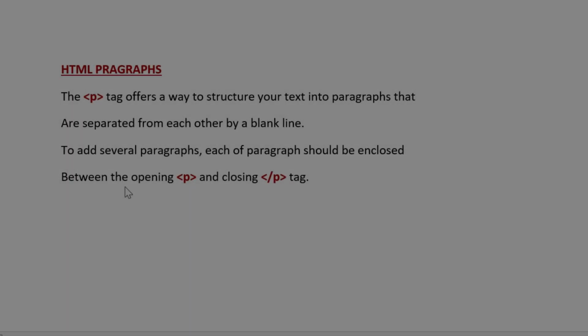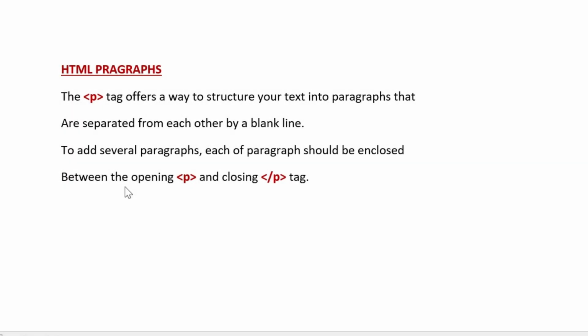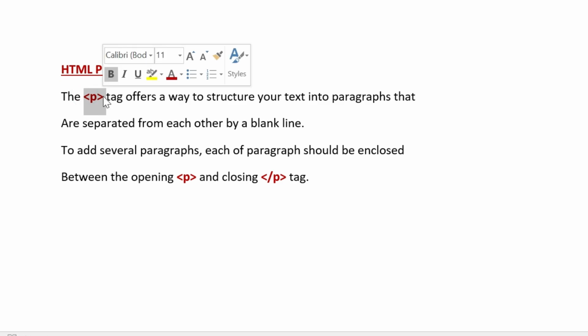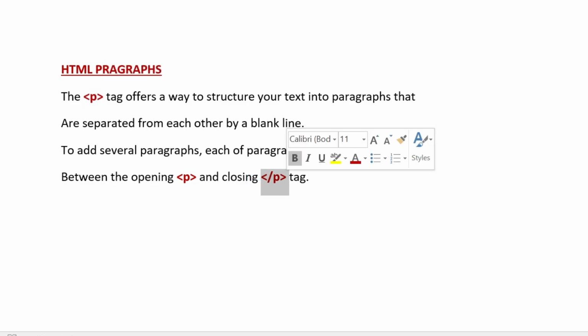The paragraph tag offers a way to structure your text into paragraphs that are separated from each other by blank lines. You see, this open paragraph tag is used when you start a paragraph, and this one is used to end the paragraph.